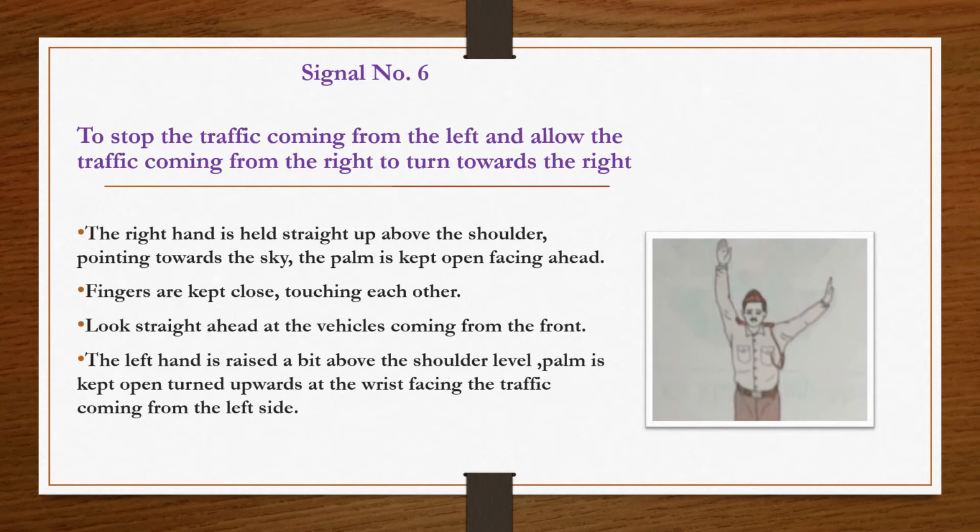Fingers are kept close touching each other. Look straight ahead at the vehicles coming from the front. The left hand is raised a bit above the shoulder level. Palm is kept open, turned upwards at the wrist facing the traffic coming from the left side.